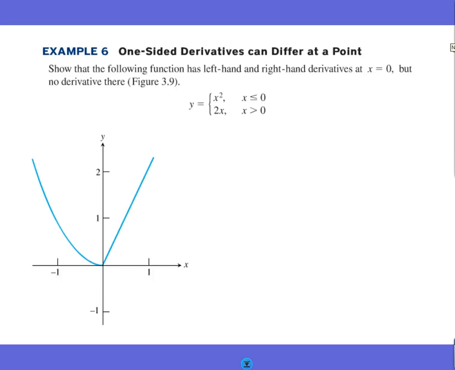Now for this last one, I want to do one-sided derivatives, and how they can differ at a point. Much like with limits, when we check the limit from one side of a point to the other side to see whether the limit exists, we have another limit here: the limit as h approaches 0 of f of a plus h minus f of a, all over h.